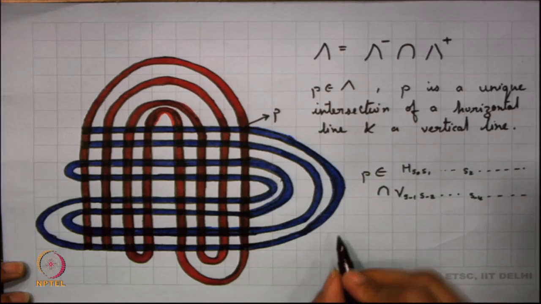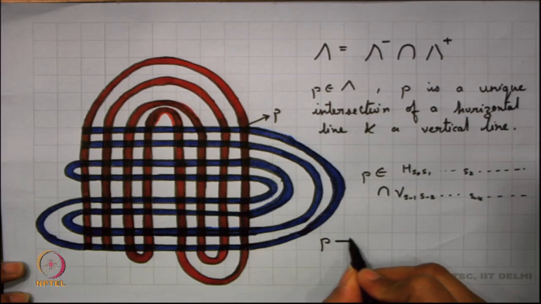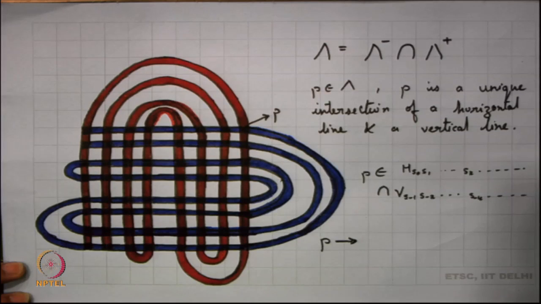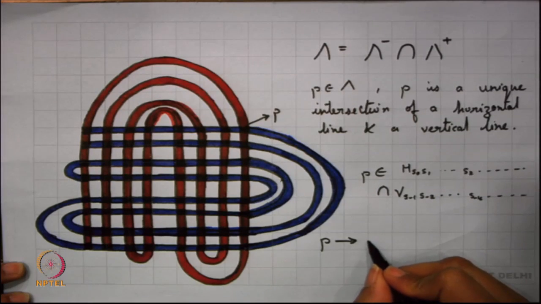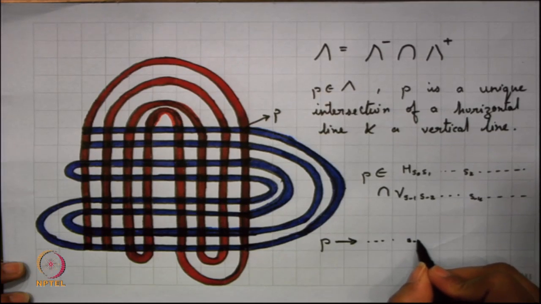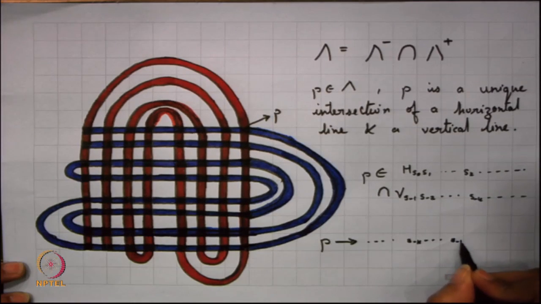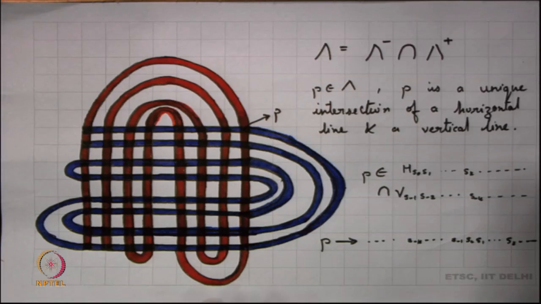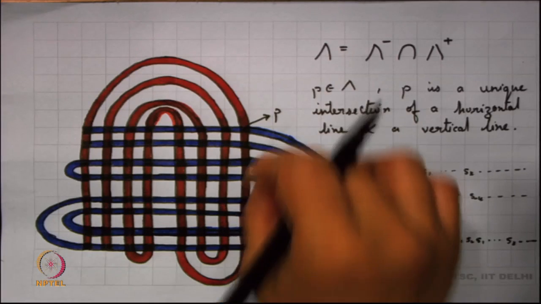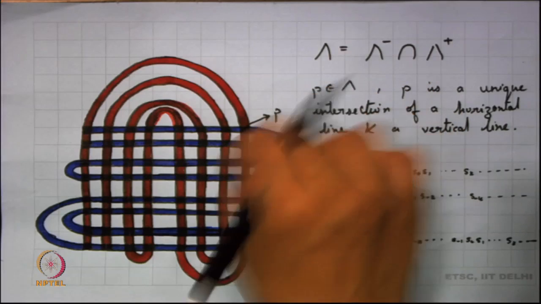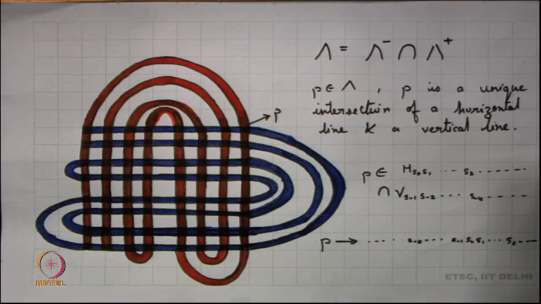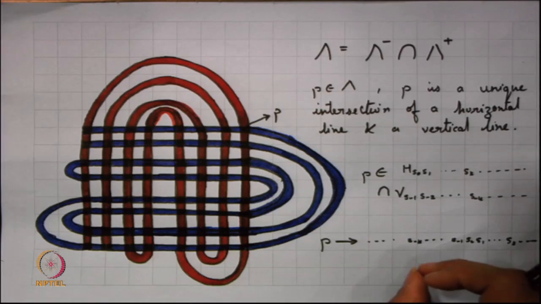I can write it in this form: s minus k, s minus 1, s 0, s 1, s k and so on. So, any point of my horseshoe attractor can be associated to a unique bi-infinite sequence of zeros and ones.